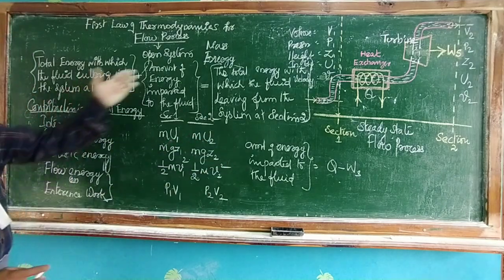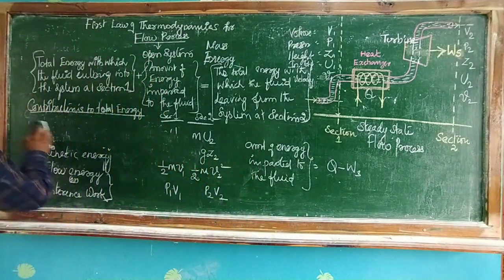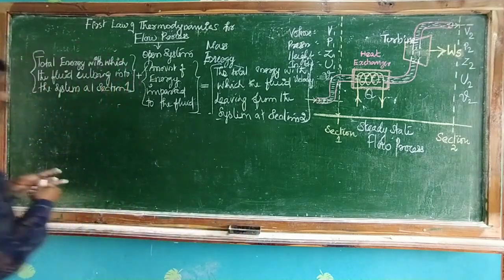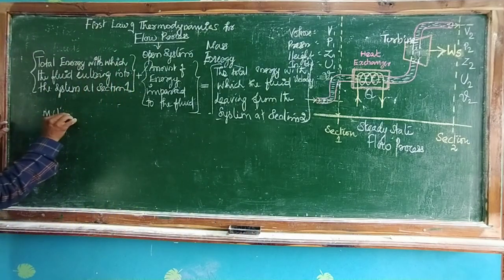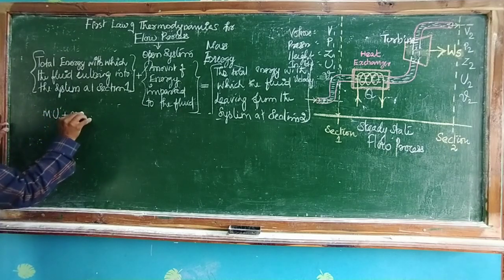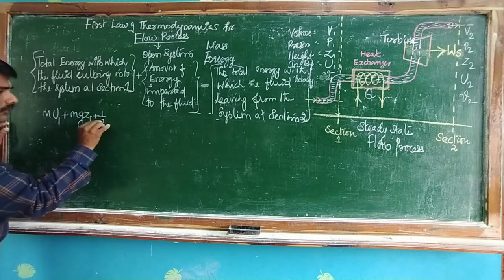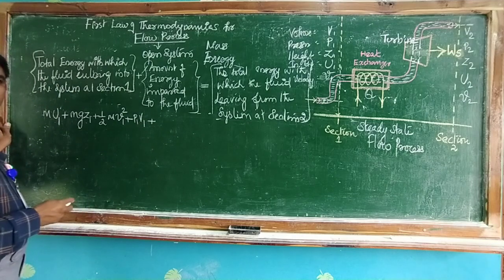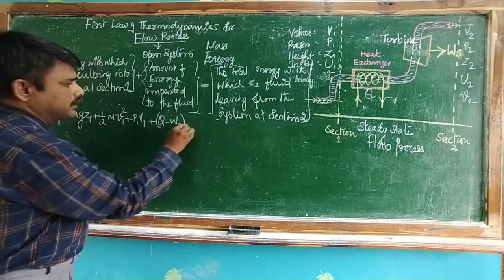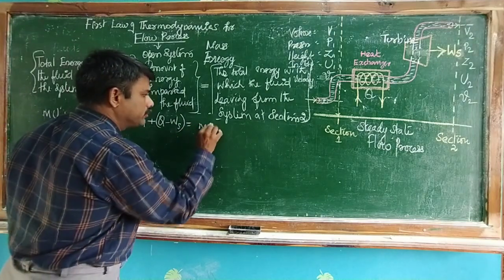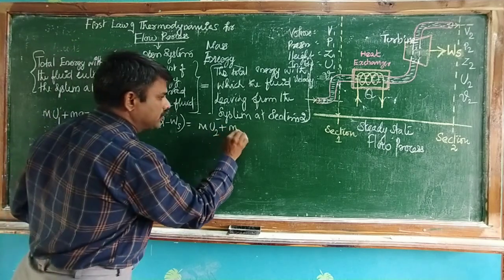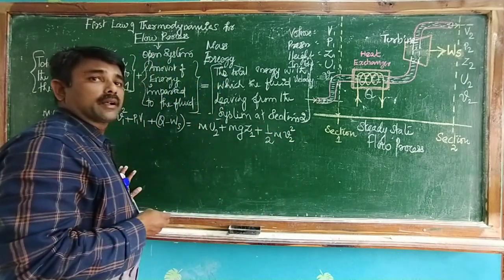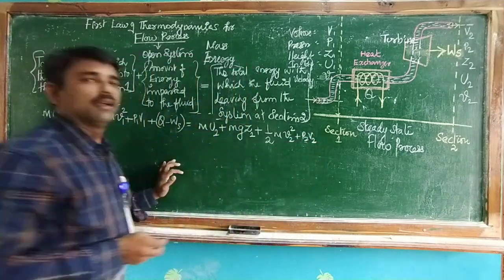Okay. Now let us incorporate all those things in this equation. In section 1, m U1 for internal energy, m g z1 for potential energy, m v1 square by 2 for kinetic energy, flow energy P1 V1, plus the energy imparted to the system, that is Q minus Ws, is equal to the energy at section 2: m U2 for internal energy, m g z2 for potential energy, m v2 square by 2 for kinetic energy, and P2 V2 for flow energy.